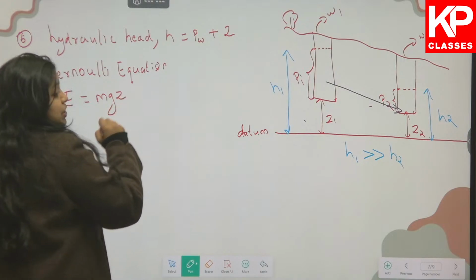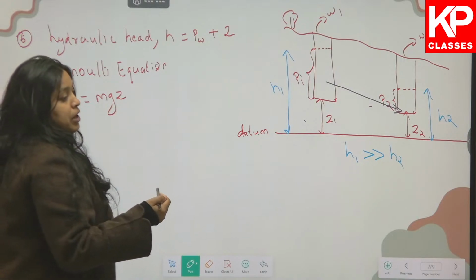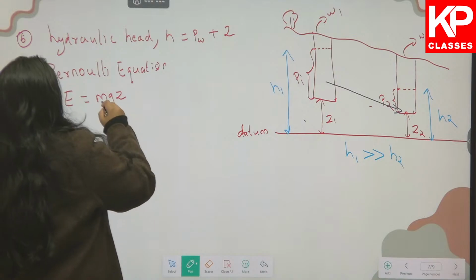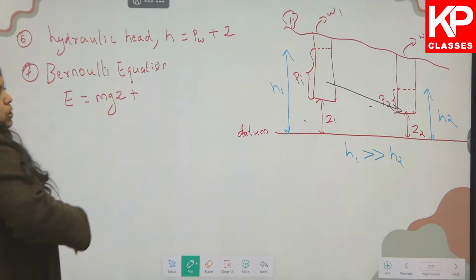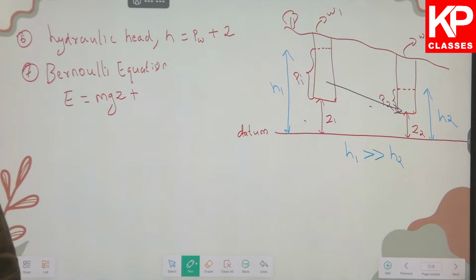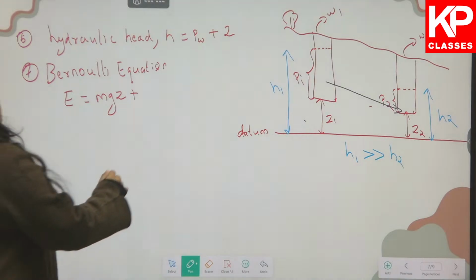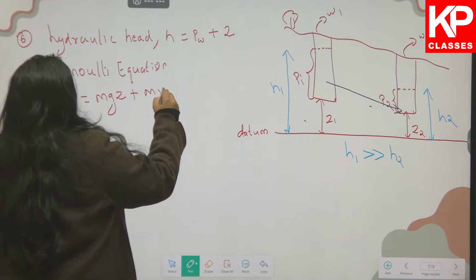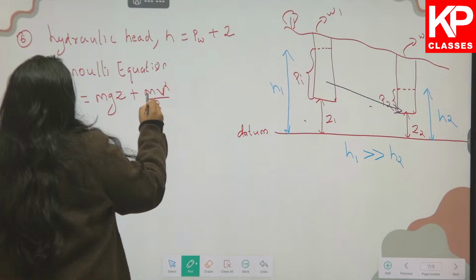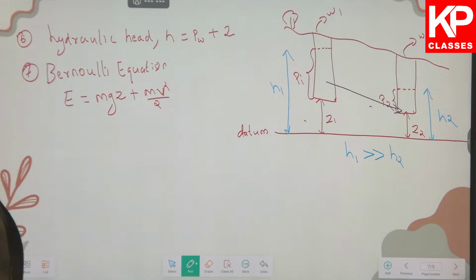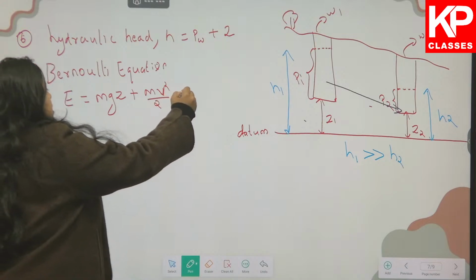Z is the elevation. Elevation is what defines the potential energy: mass of water column, acceleration due to gravity, and the elevation at which the water column exists, mgz. Plus kinetic energy, half mv square, with the velocity of water flow and mass of water column. This is the kinetic energy term.